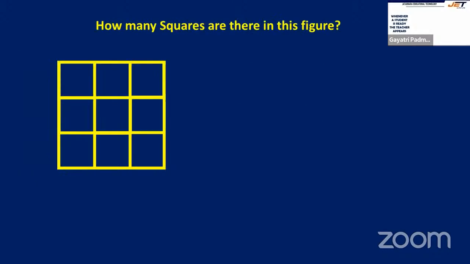All right. Yes. Now, how many squares are there in this figure? So squares, it's simple, isn't it? So you have 1, 2, 3, 4, 5, 6, 7, 8, 9. Then that's type 1, one box square.